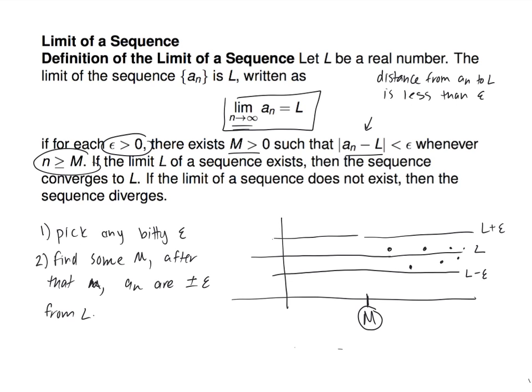That's the basic idea. We're not going to make you prove anything with that, but that's the idea of closeness. Once you go past a certain point, you make a super small fence around your values, and your values are stuck inside that fence. What happens out here is irrelevant, because as you go to infinity, that's what matters.